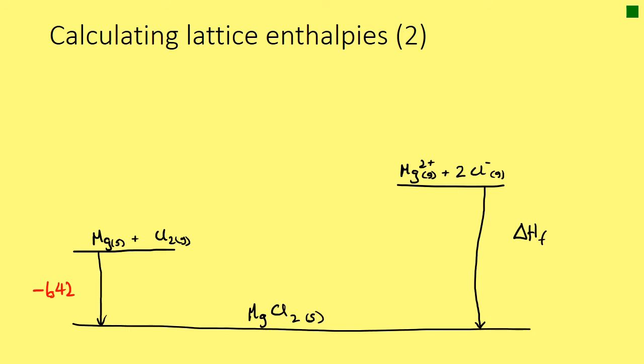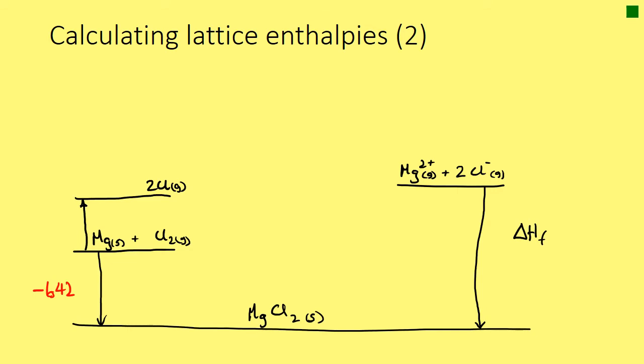That's our starting point, and what we're going to do now is atomize our chlorine. We're going to need to put energy into that, and we get 2 chlorine gaseous atoms. That's our atomization enthalpy of chlorine, and we're doing that for 2 atoms.